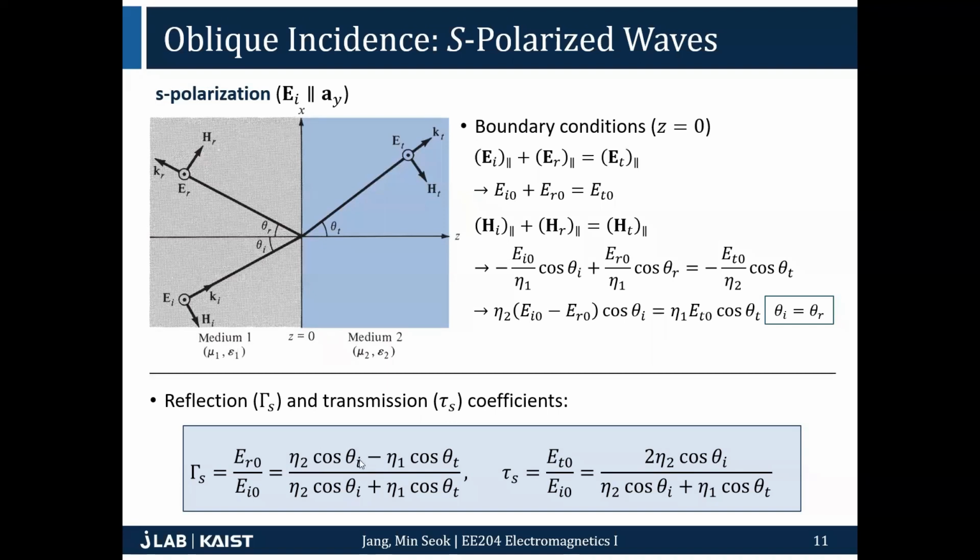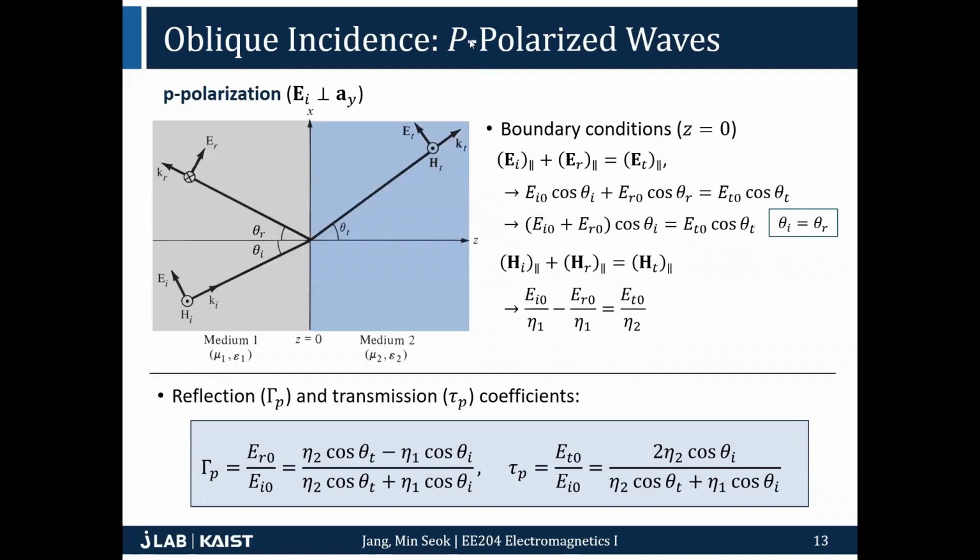So eta 2 and theta_i are connected here, and eta 1 and cosine theta_t are connected, right? But in the P polarization case, it is eta 2 cosine theta_t, not theta_i, and eta 1 cosine theta_i, not theta_t, right? So it's almost the same, just slightly different.